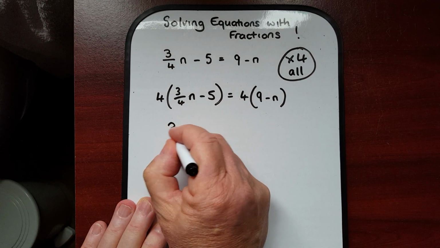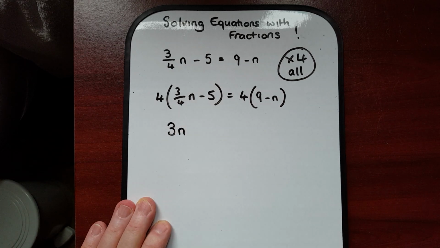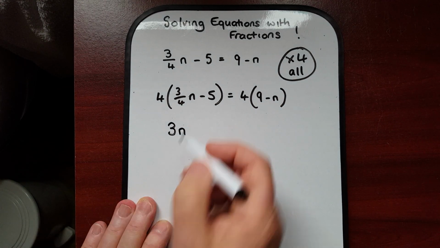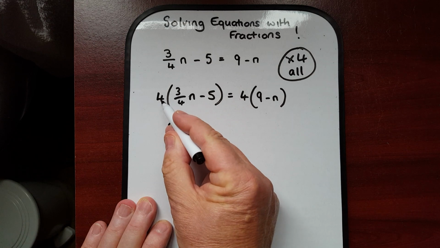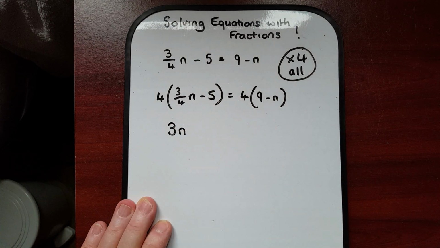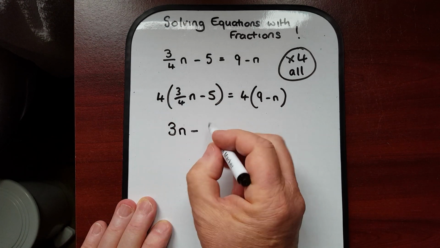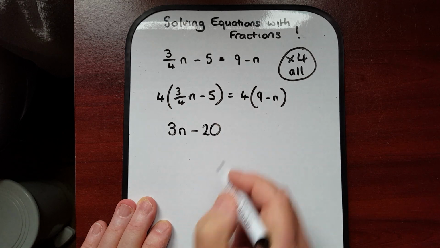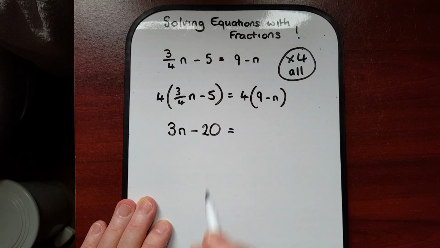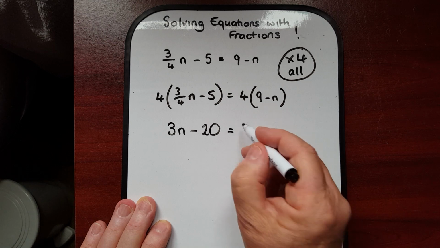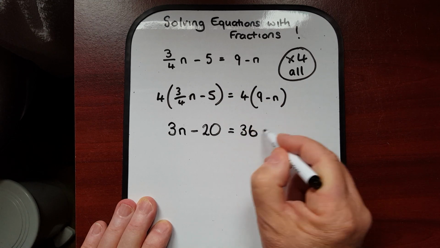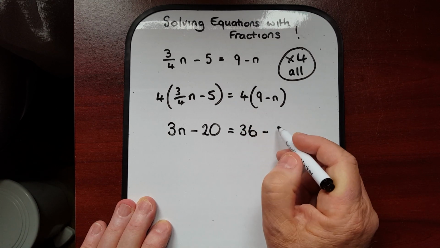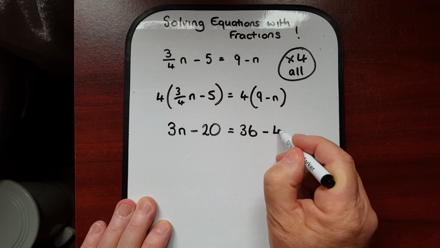So that's going to become 3 times (n minus 5), 3n minus 4 5s are 20, equals 4 9s are 36 minus 4 n's are 4n.